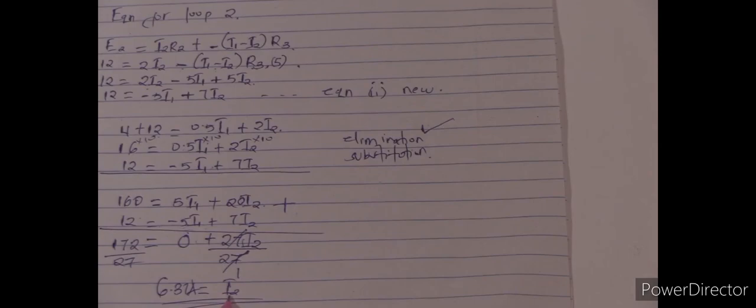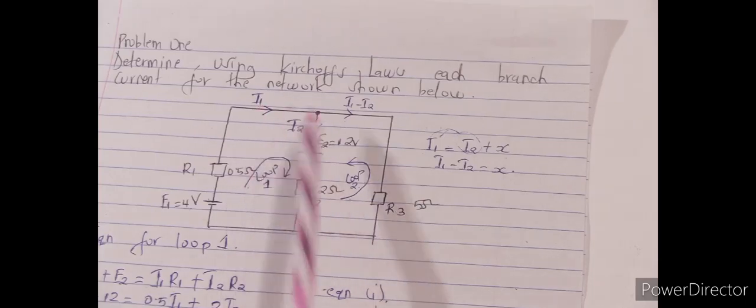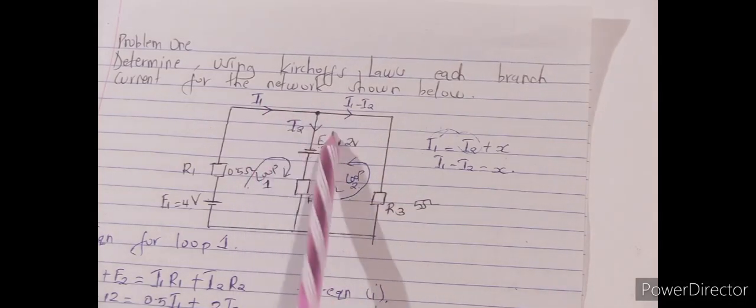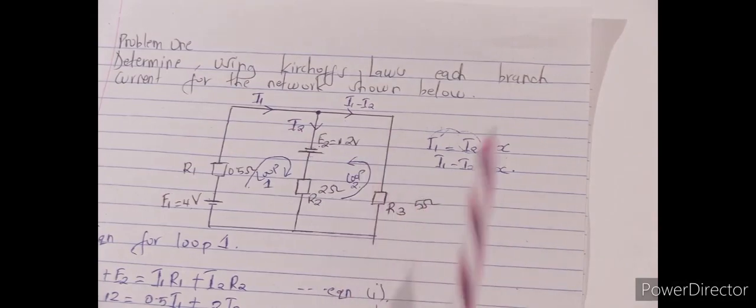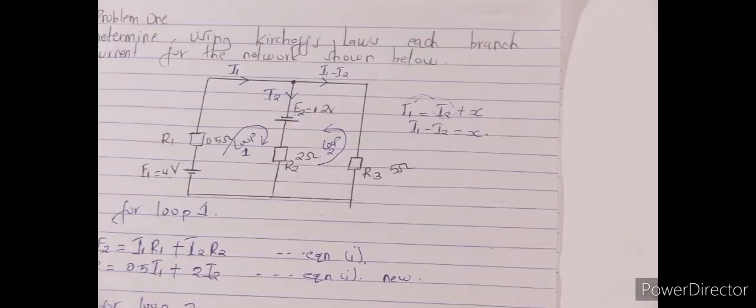In order for you to get I1, you pick either equation 1 or 2 and substitute in order for you to get the value for I1. So after getting the value for I1, you come and substitute in the equation I1 minus I2 in order for you to get the current flowing through resistor 3. So after calculating, I have gotten I1 as 6.52 amperes.